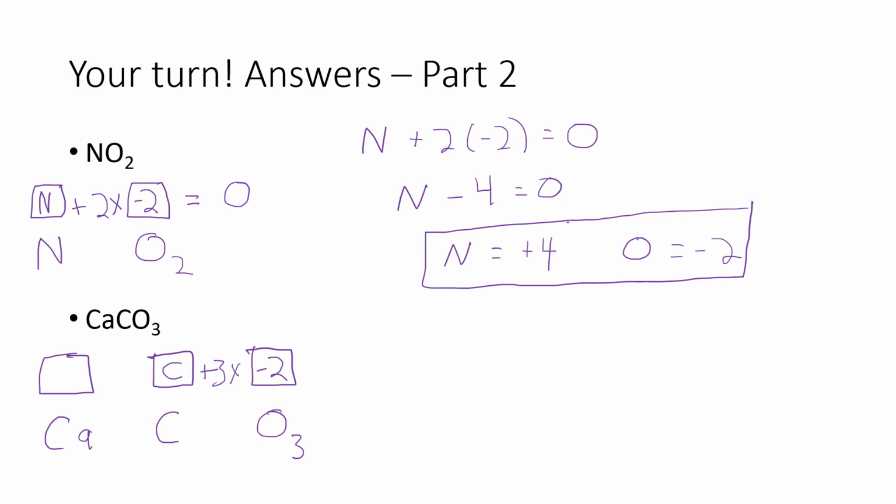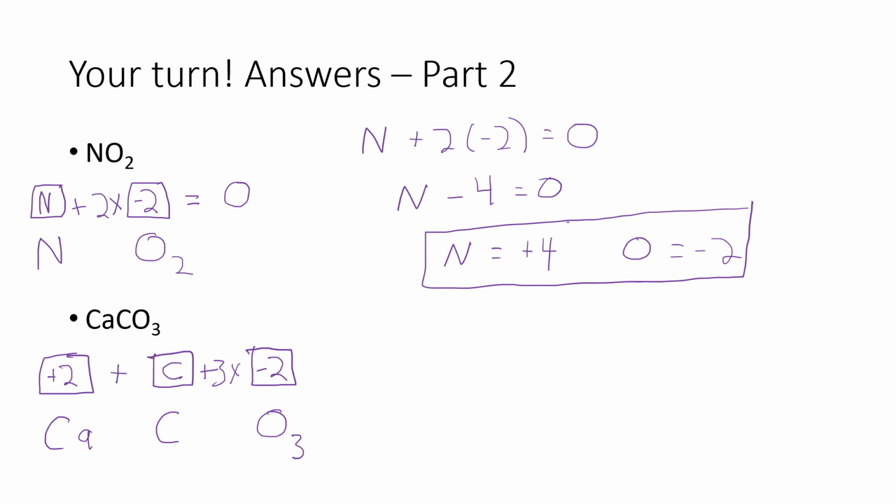Carbon is an unknown, and calcium might at first appear to be an unknown, but there's a rule we haven't used yet, which is that the oxidation number on a monatomic ion is its ionic charge. This is an ionic compound because it's a metal plus a polyatomic ion, so the ionic charge on calcium is its oxidation number. Calcium is an alkaline earth, which means it's in group number 2, so its charge is plus 2. It's one of the fixed charged metals, so its oxidation number will be plus 2.